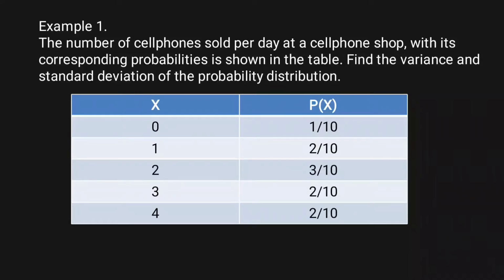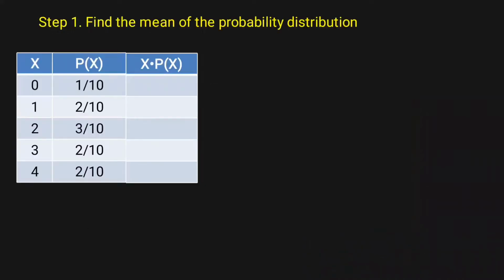So dapat ang total is 1. So pag inadd natin yan, lahat ng denominators ay 10. So we just add the numerators, 1 over 10 plus 2 over 10 plus 3 over 10 plus 2 over 10 plus 2 over 10 is equal to 10 over 10 equals 1. Okay? So probability distribution siya.